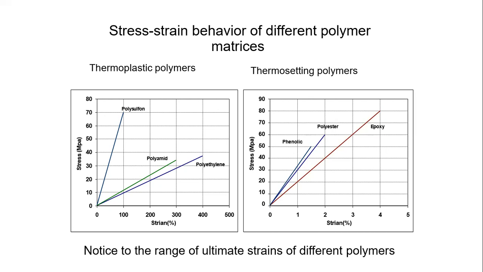In the thermoplastic polymers we have taken three examples: first one is polysulfone, second one is polyamides, and third one is polyethylene. And in the thermosetting polymers we have taken phenolics, polyester and epoxy as the examples. So you can see it in the graph.